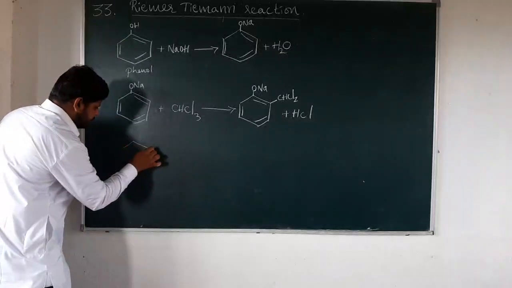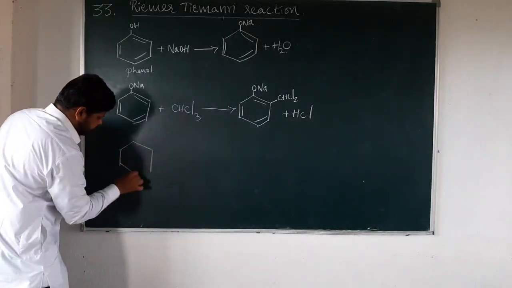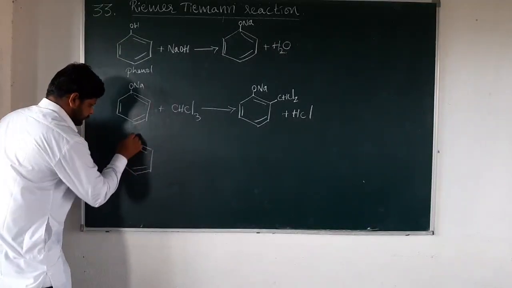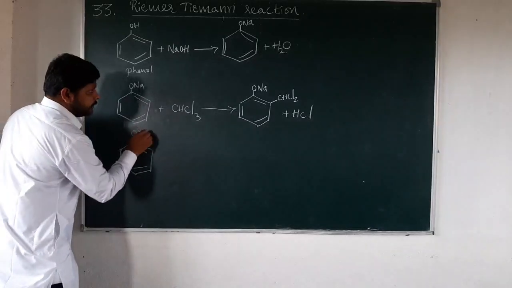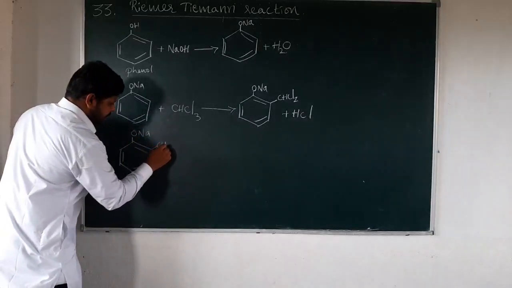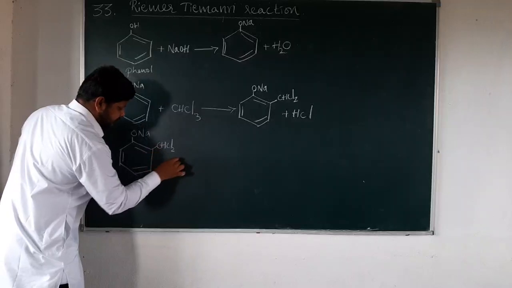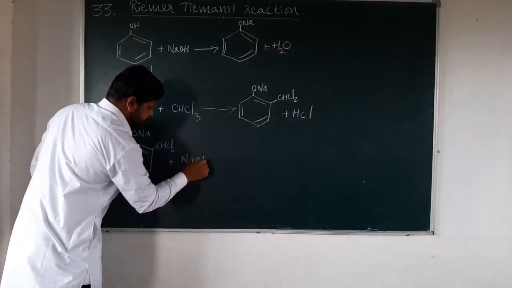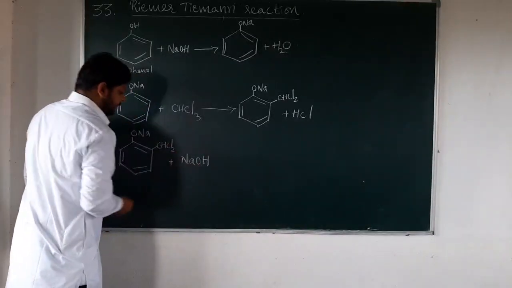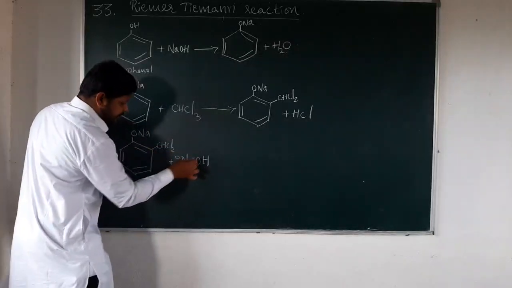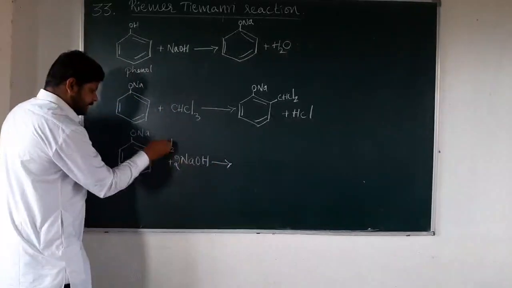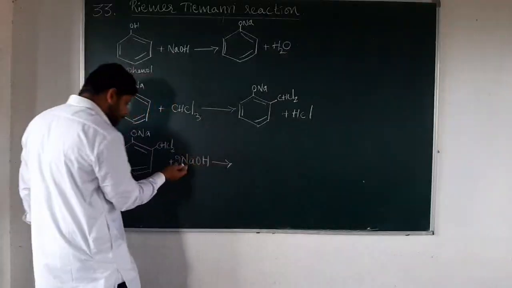Now take the third step. ONa, sodium phenate with CHCl2. This is treated with NaOH to remove Cl. There are two Cl, so 2 times NaOH. The byproduct is 2 NaCl.